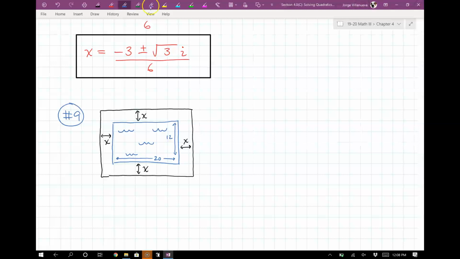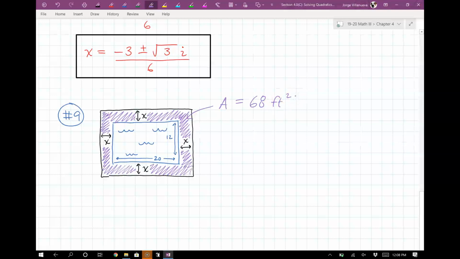So the walkway itself, I'm going to shade it in purple here. So this walkway, if you were to take the area of it, it's going to measure 68 square feet. So the area is 68 square feet.